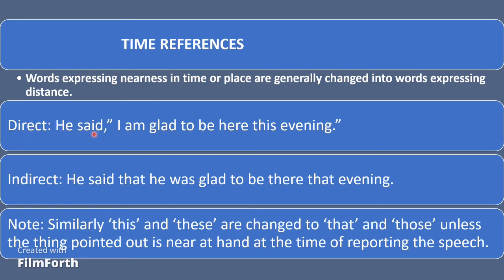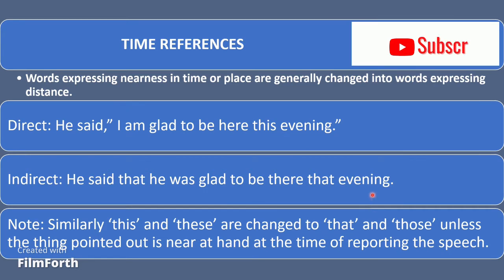Direct. He said, "I am glad to be here this evening." Now, this is a time reference, right, children? When you're changing it into an indirect statement, you will say he said, instead of quotation marks, you'll have that. He said that. I am glad becomes he was glad, to be here becomes there, this becomes that, and evening remains the same.